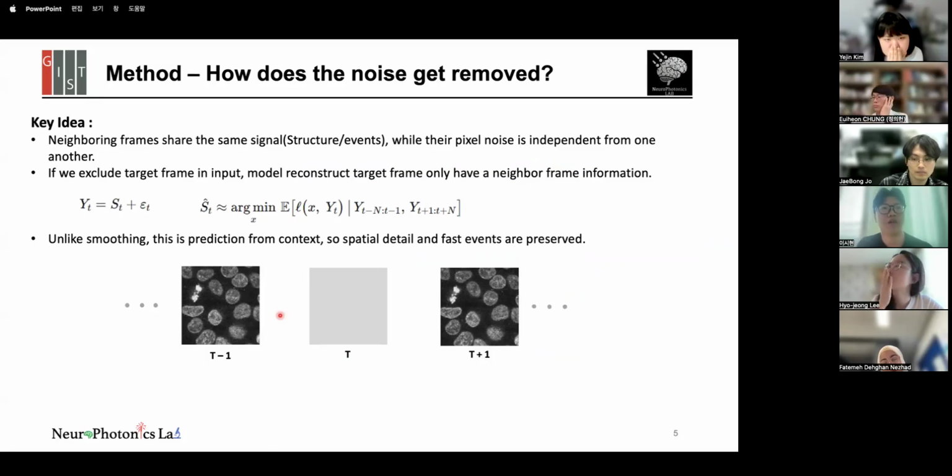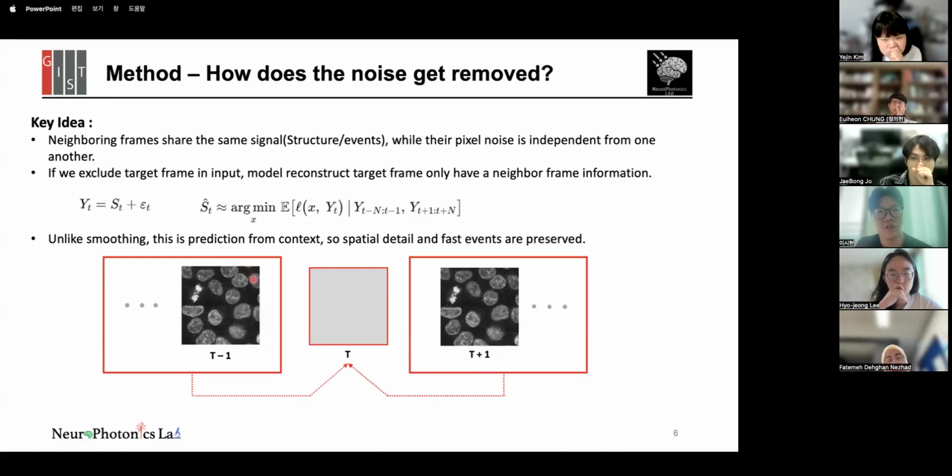So how can it denoise? The key idea is the neighbor frames share the same signals such as structure or events, while their pixel noise is independent from one another. And you don't use the target frame itself, and instead predict it from its neighbors.